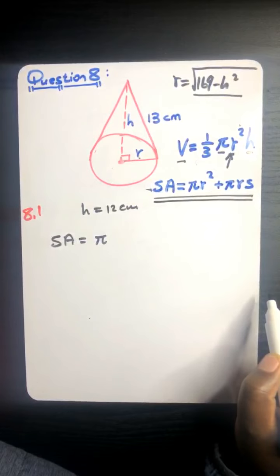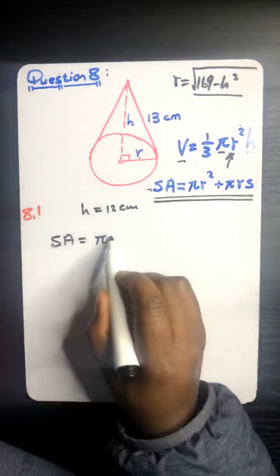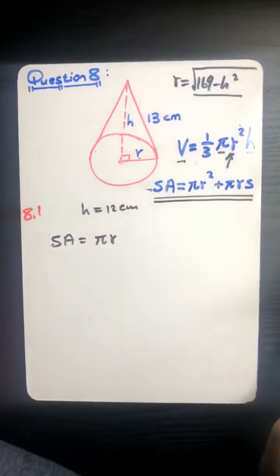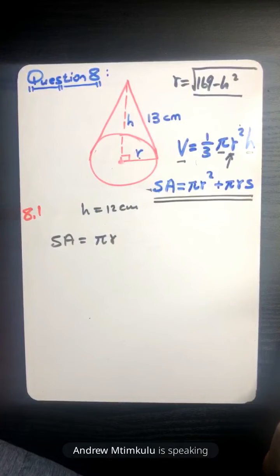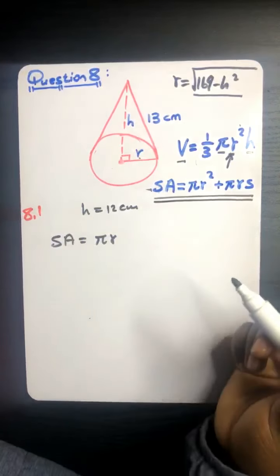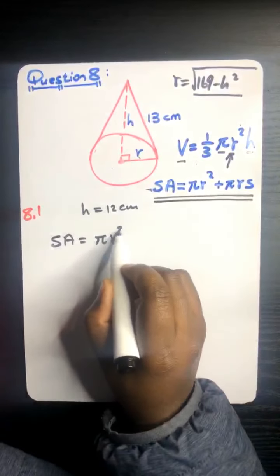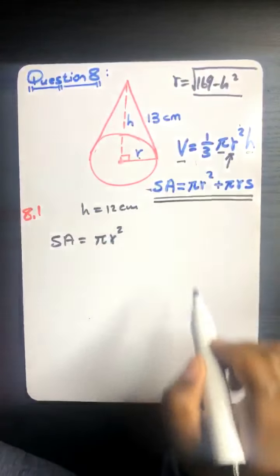Do we know R? We don't know R, but we can solve for R. For now, let's just write it as pi R squared.